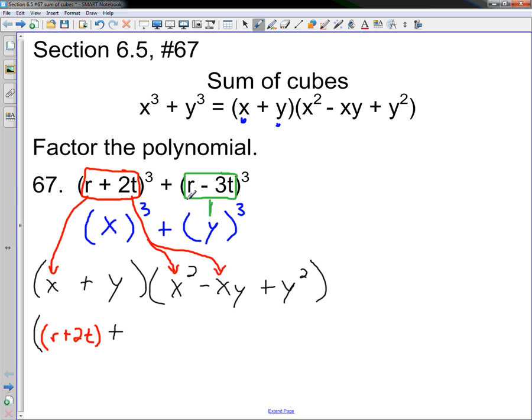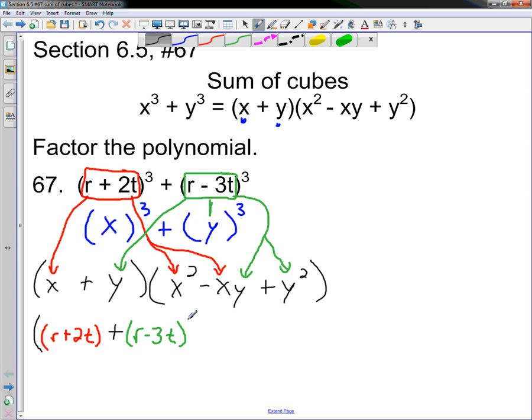So I'm going to take that and drop that in for y everywhere. So we have plus r minus 3t. And again, notice I'm using parentheses. All I've done so far is the x plus y. That's what this portion is. Now we need to work on the second portion.